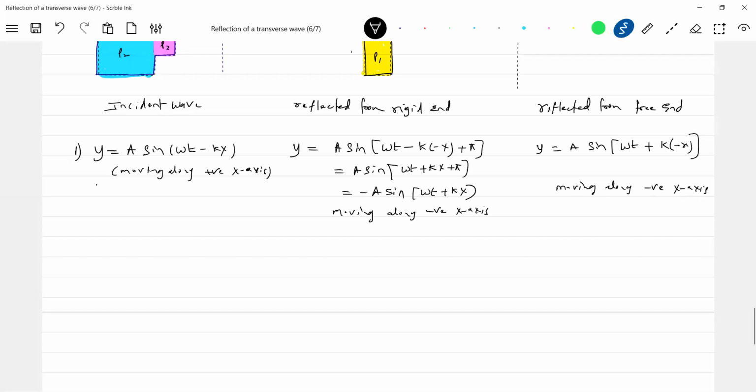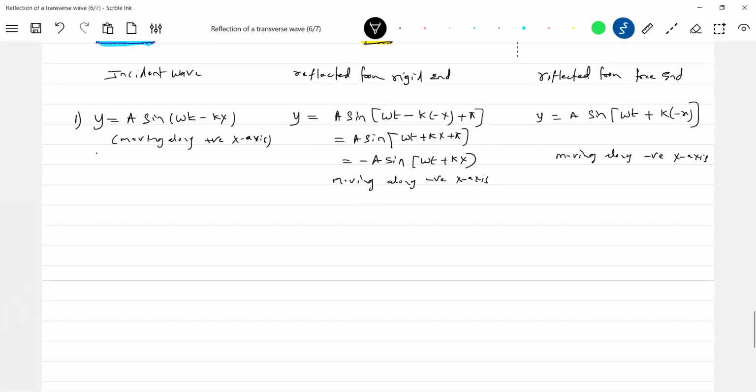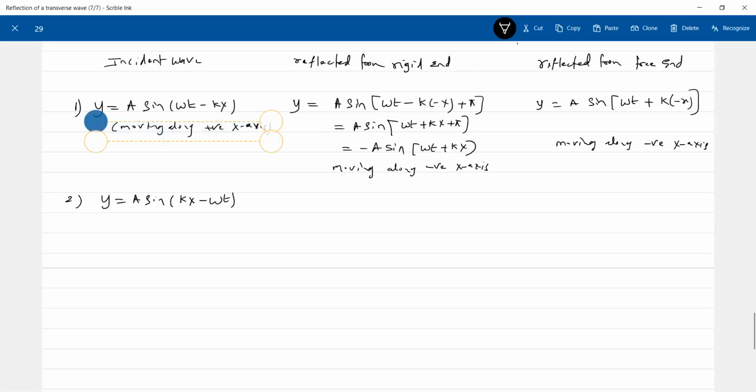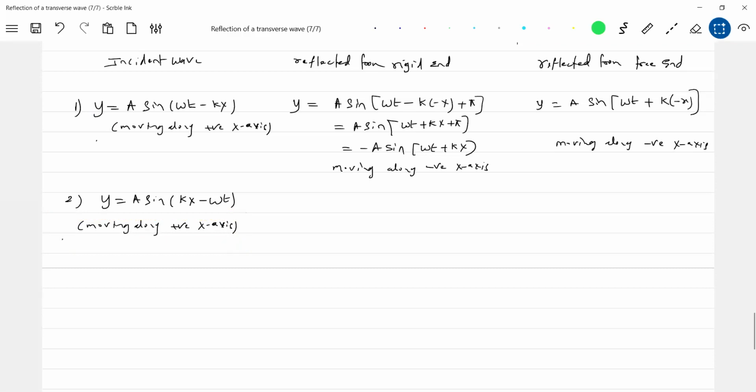Okay, this is what happens to the wave. Now, similarly, let me take the incident wave moving along positive x-axis. What will happen to the wave when reflected by a rigid end? So you don't do anything, just put, what is the method I showed? As the reflected wave moves along negative x-axis, put minus x with omega t.